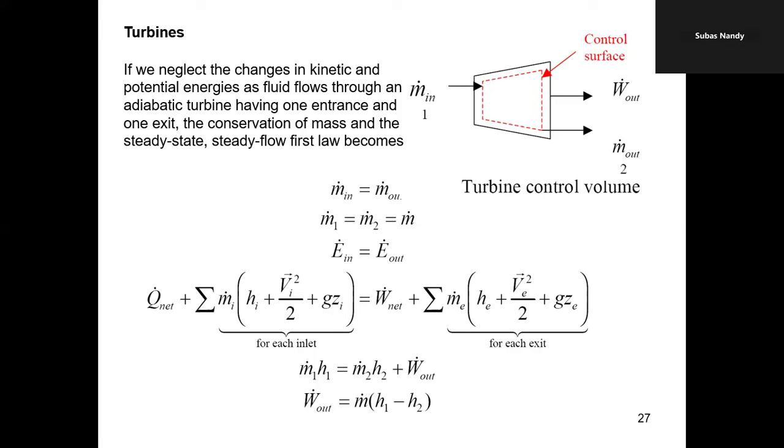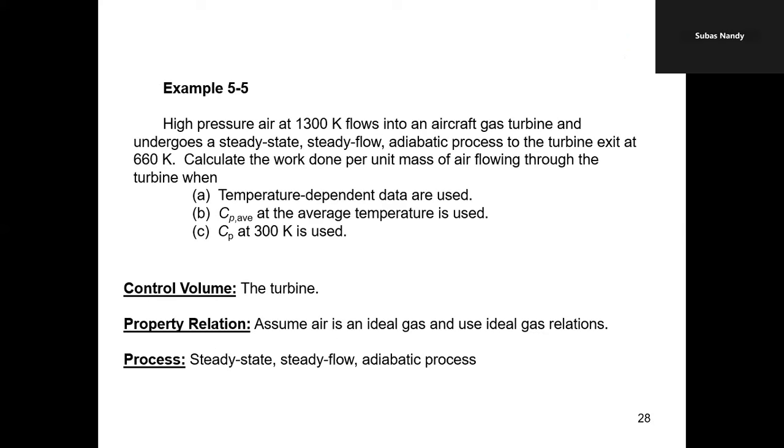You solve for W dot out by subtracting m2 dot h2 from both sides: W dot out is equal to m1 dot h1 minus m2 dot h2. But the mass flow rate is constant, so the net work coming out is equal to m dot times the change in enthalpy, basically the change in enthalpy per unit mass multiplied by the mass flow rate.